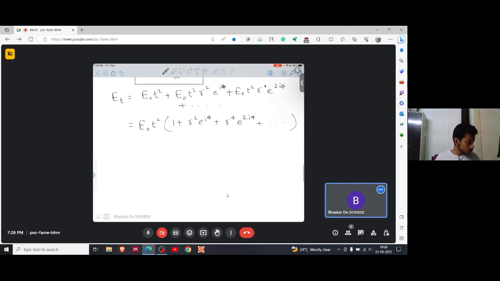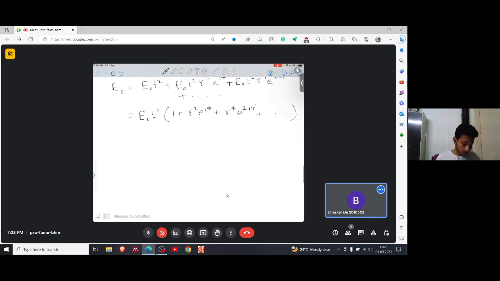So this is a geometric series with a ratio of successive terms of r square e to the power I phi.